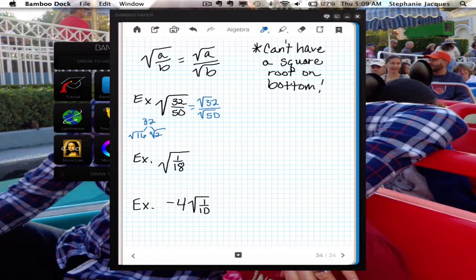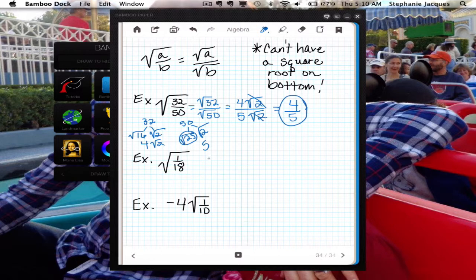So the square root of 16 is 4, and I have square root 2. On top I'm going to have 4 square root 2. Let's do 50. I know 25 and 2. 25 would be 5, and you can't do anything with 2, so you get 5 square root 2. If you have the same thing on top and the same thing on bottom and it's being multiplied, you can cancel them out to give you 1. So really this is 4/5.